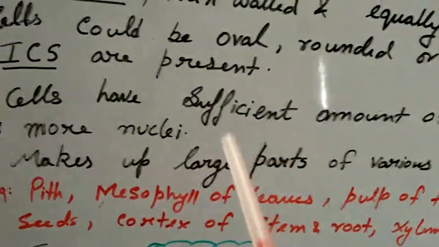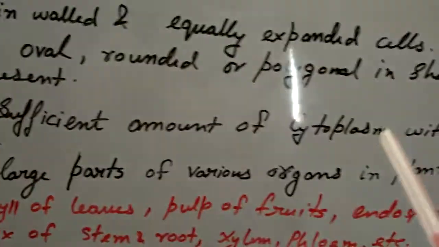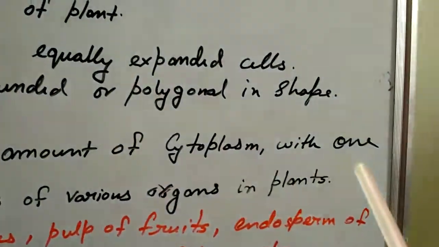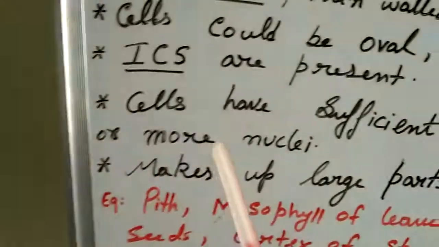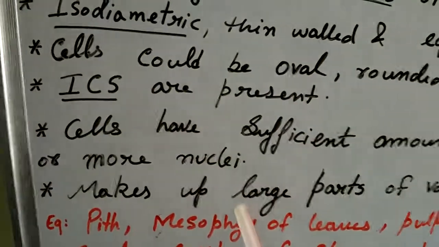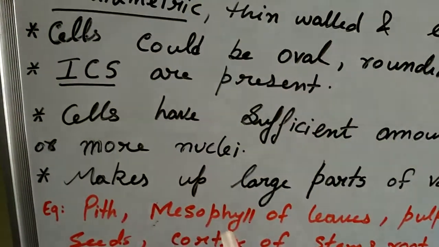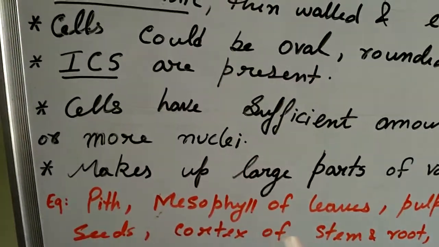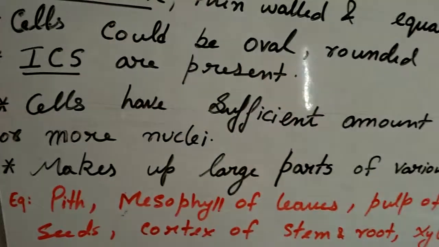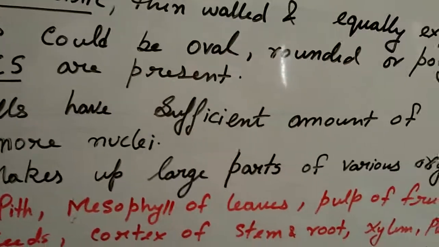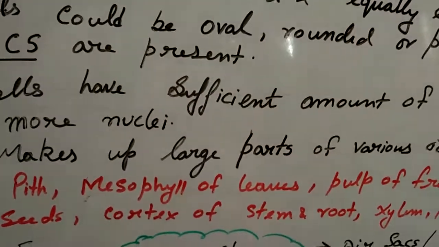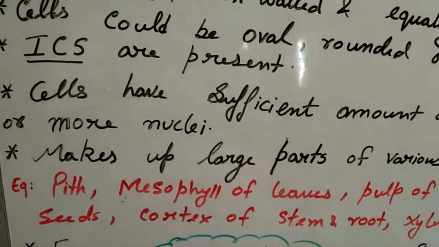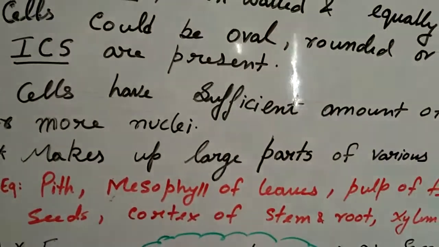Cells have sufficient amount of cytoplasm with one or more nuclei. So if a cell is living, then it is very easy to say that that cell has abundance of cytoplasm, because cytoplasm is basically defining the living property of a cell.